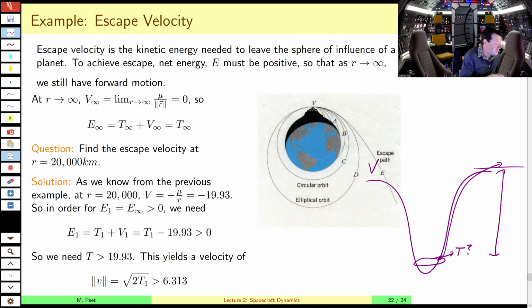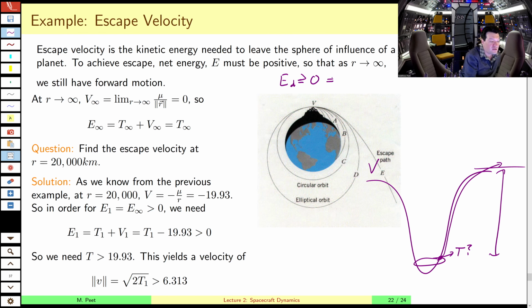We have, first of all, the potential energy of the spacecraft at the surface of the Earth, and a desired total energy once we've left, which is 0 or greater than 0. So our desired energy is 0, or it could be greater than 0, but we're just going to make it 0 for the point of discussion.